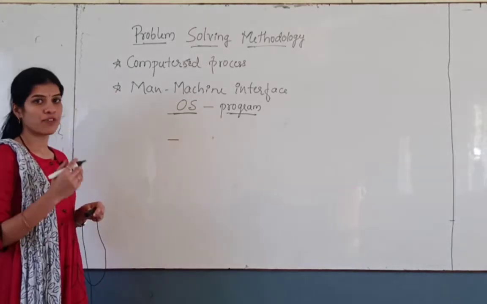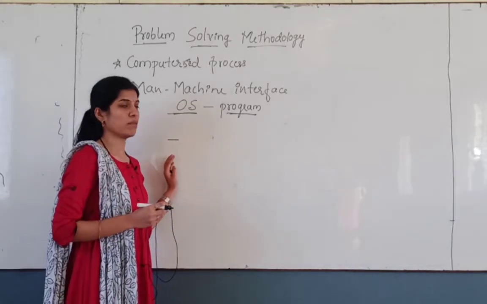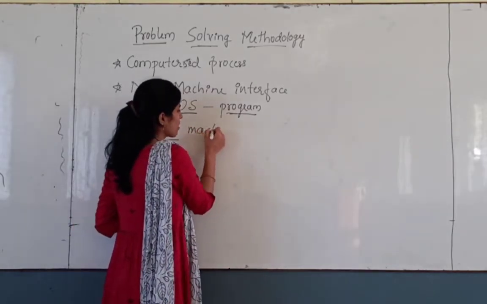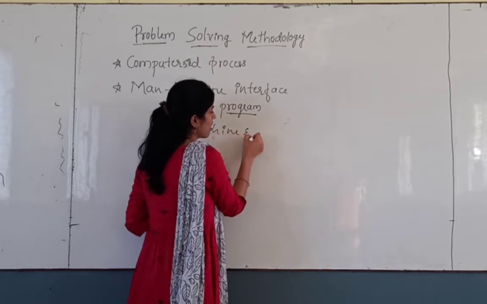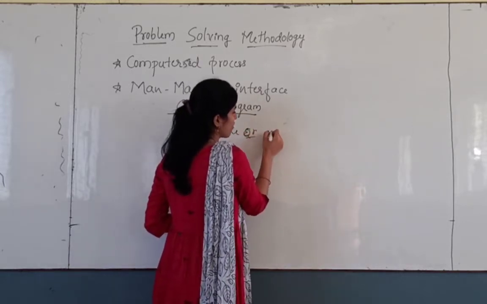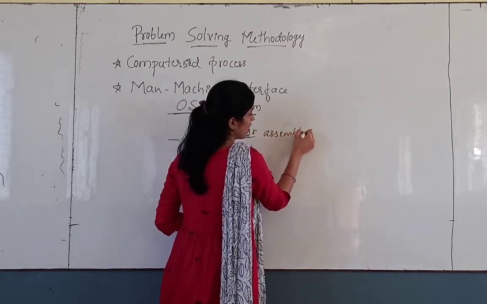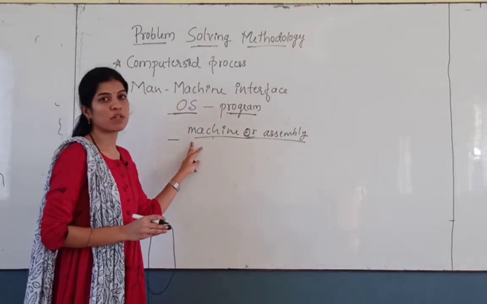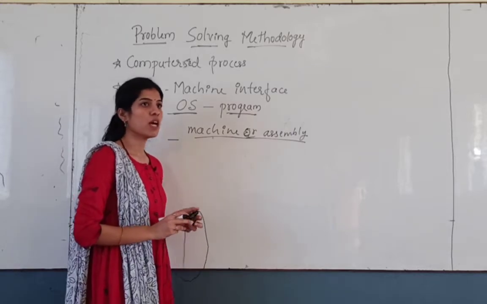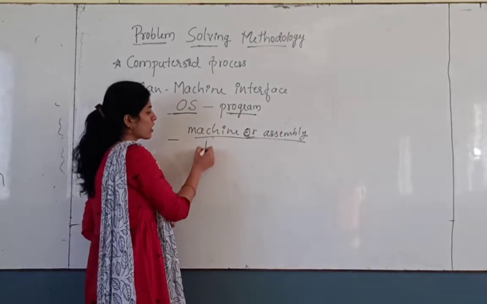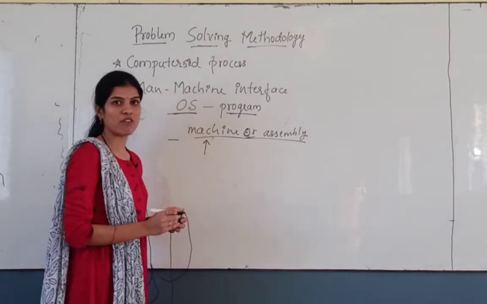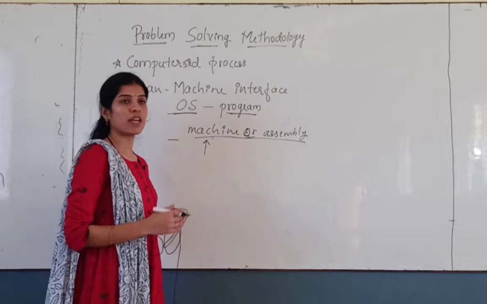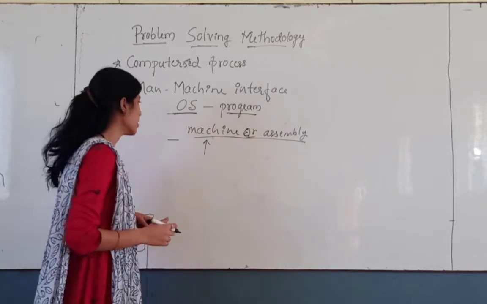If a user has to use the computer, they must know either machine level language or assembly level language, because the computer only understands machine level language. Nowadays, for the user's convenience, many languages have been established.